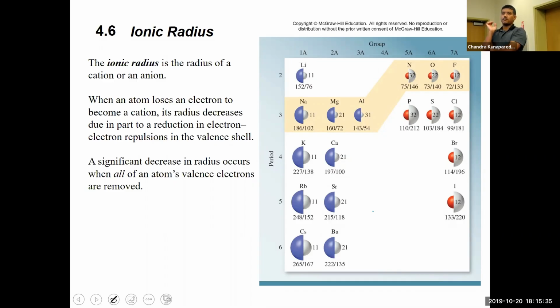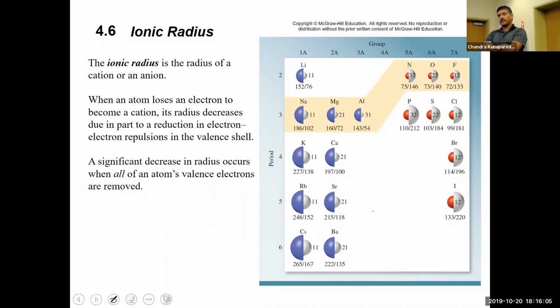Here, we are going to talk about once a neutral element forms an ion, either by losing an electron or by gaining an electron, what is the effect of that change in the number of electrons for that neutral element? Either it's going to lose size from its atomic radius or gain size compared to its atomic radius. Okay.